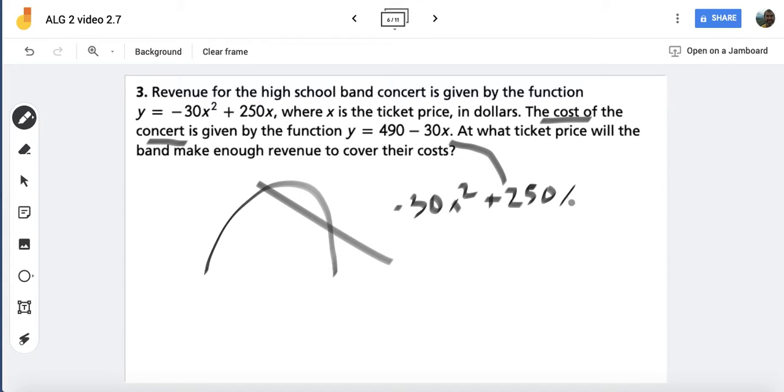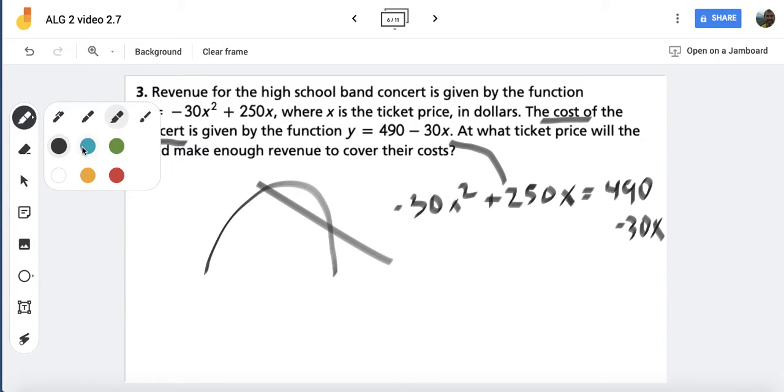This will take some time. 490 minus 30x. All right, I want to set this equal to 0. Let's see, which way should I go? I guess I'm going to move these two terms on the right to the left. So I'm going to add 30x, and I'm going to subtract 490.